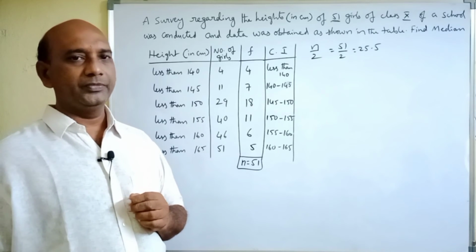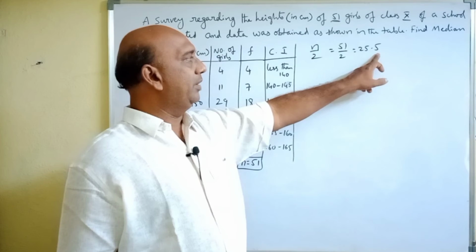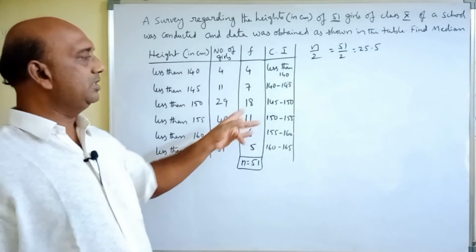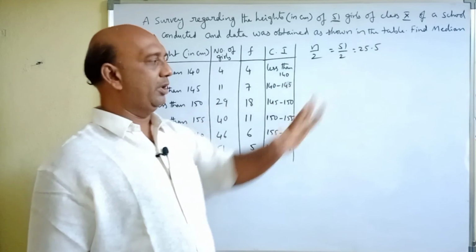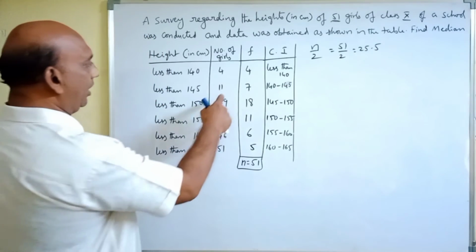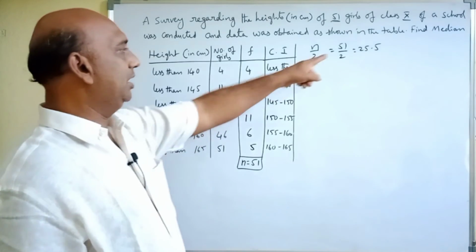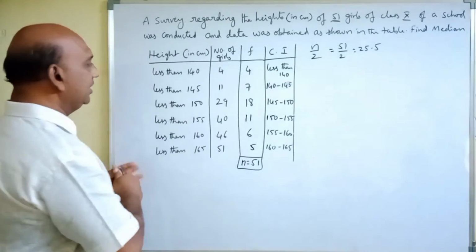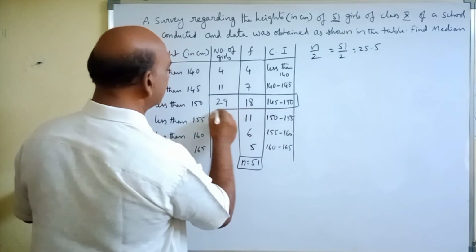Please remember that. So search where this 25.5 is in the cumulative frequencies. That means just greater than 25.5 or nearer to 25.5. That is, after 11 comes this 29. 29 is just greater than 25.5. So this class is taken as the median class.